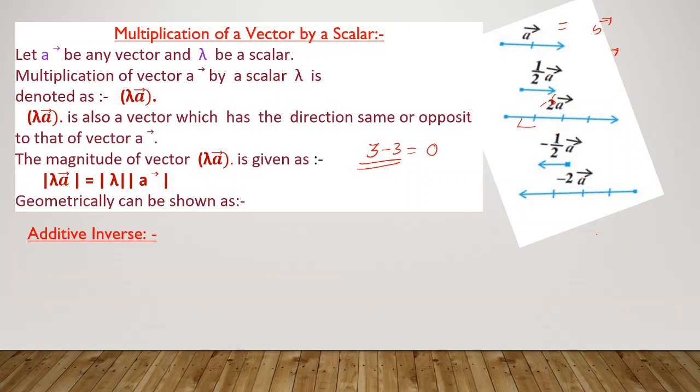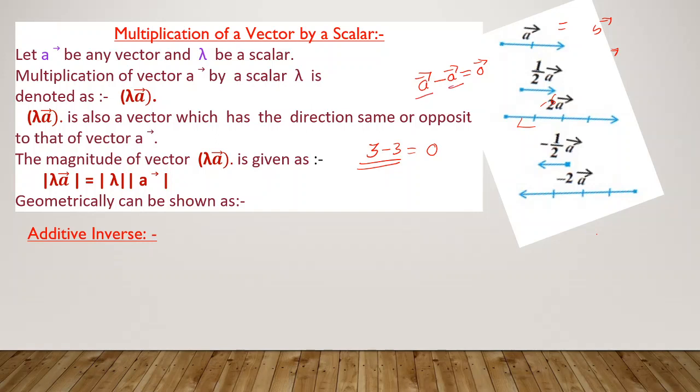The same thing here also. I need to get the zero vector as an output when I add two vectors. So let A be any given vector, then I need to find the zero vector as the output. Then which vector do I need to add to this one? Add the same vector but in the opposite direction.